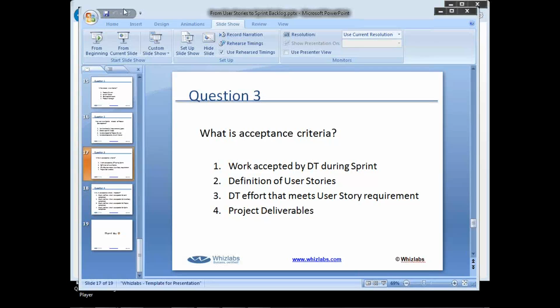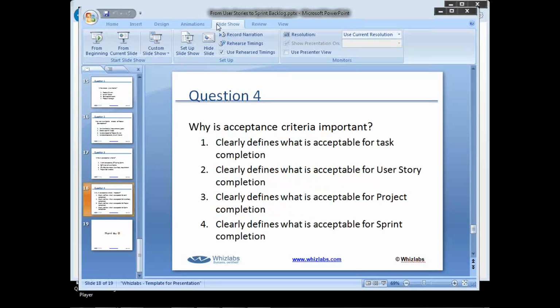Question number 4. Yes, I will explain about work breakdown, and I will possibly discuss some breakdown charts and the sprint backlog a little more.